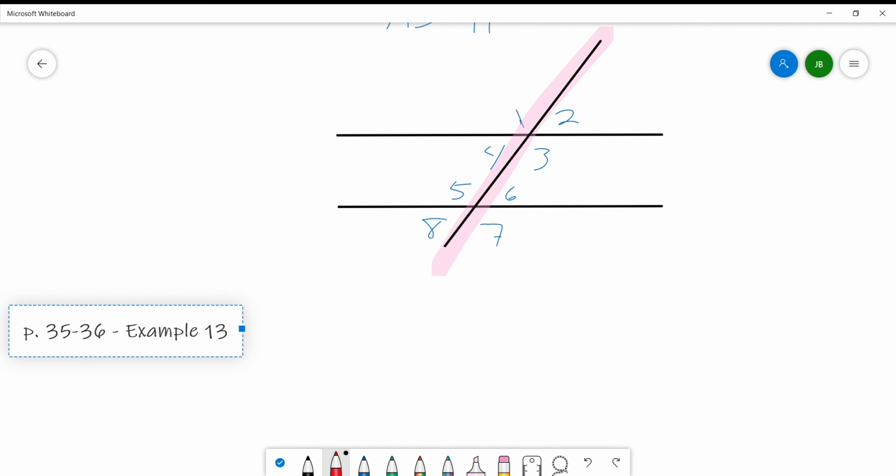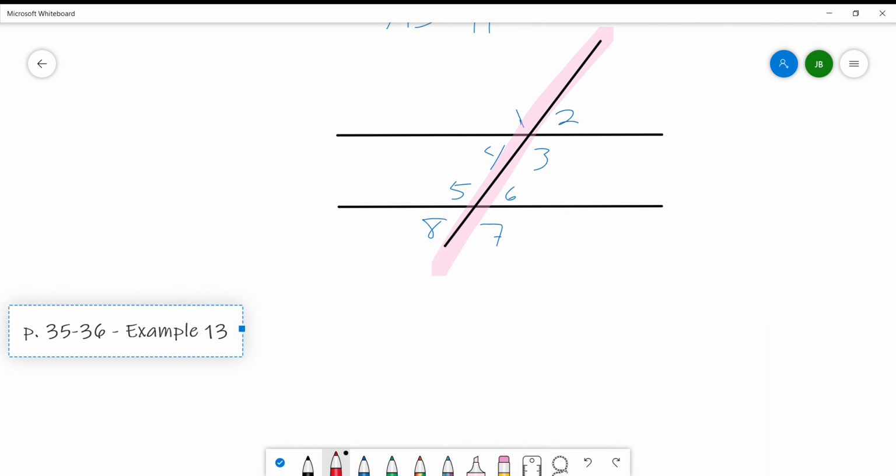So right now we're ignoring the transversal of EH and just looking at the parallel lines XY and WZ and the transversal AD. So they want you to do the pairs of angles that are formed.